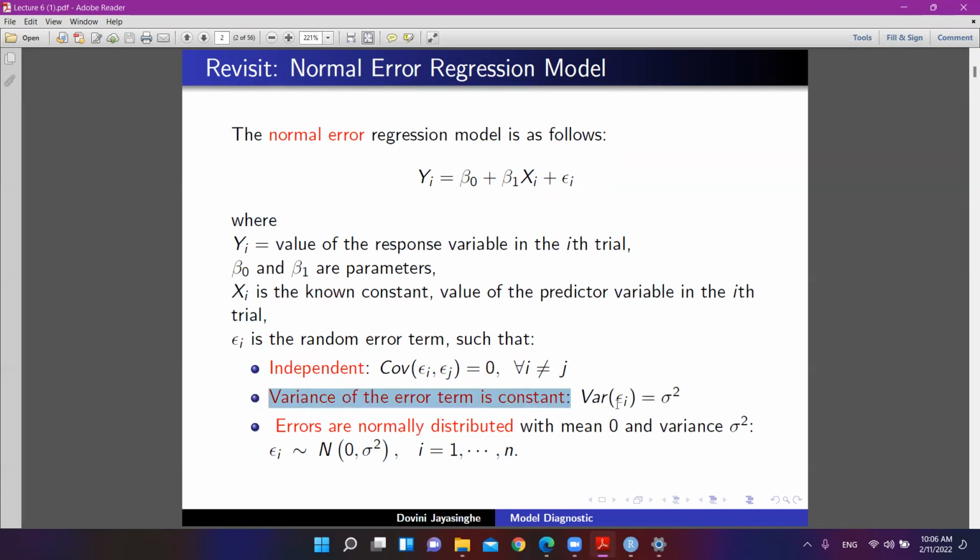And the variance of the error term is constant. Error variance should be constant at any level of x, right? And errors are normally distributed with mean zero and constant variance. So that is what this says. You can tell all these things just by one line. If you write this and say IID, independent and identically distributed, then that's it. So in normal error regression, these are the assumptions that we have.